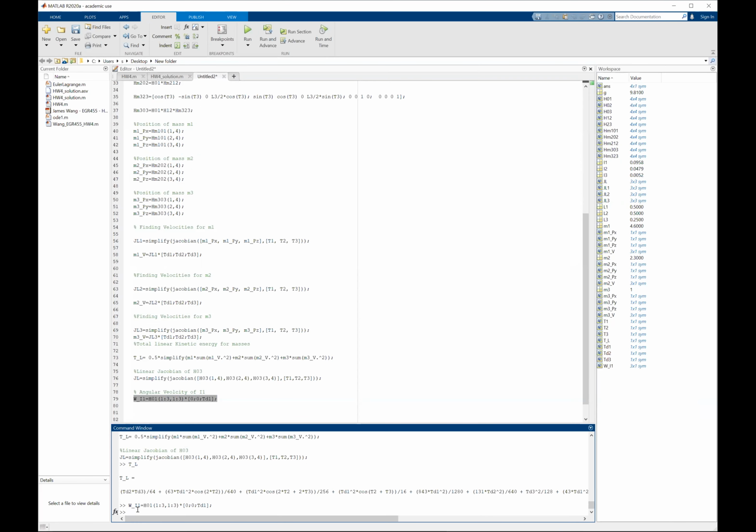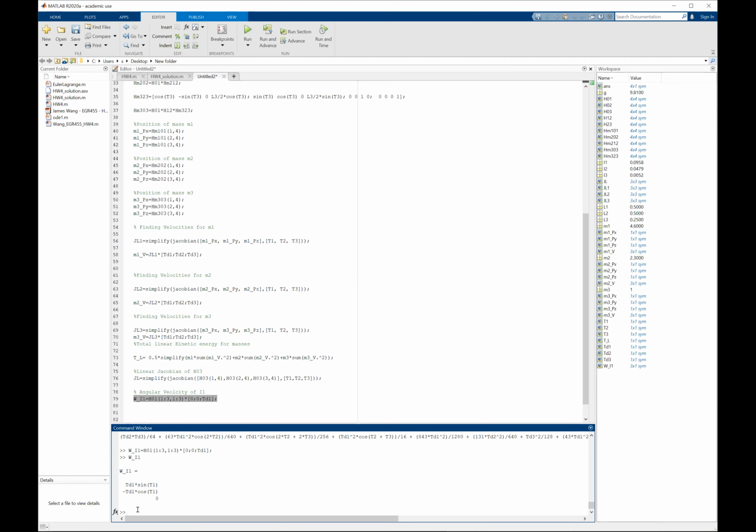So the angular velocity of I1 is TD1 multiplied by sine T1, TD1 multiplied by cosine T1, and then the last but not least is going to be 0.